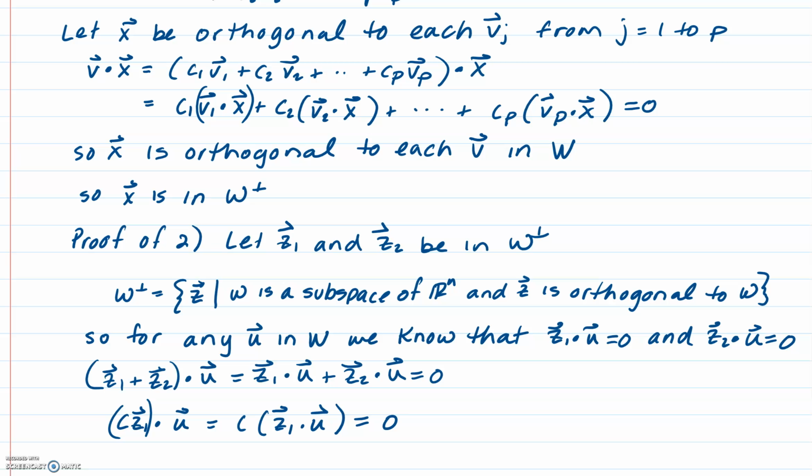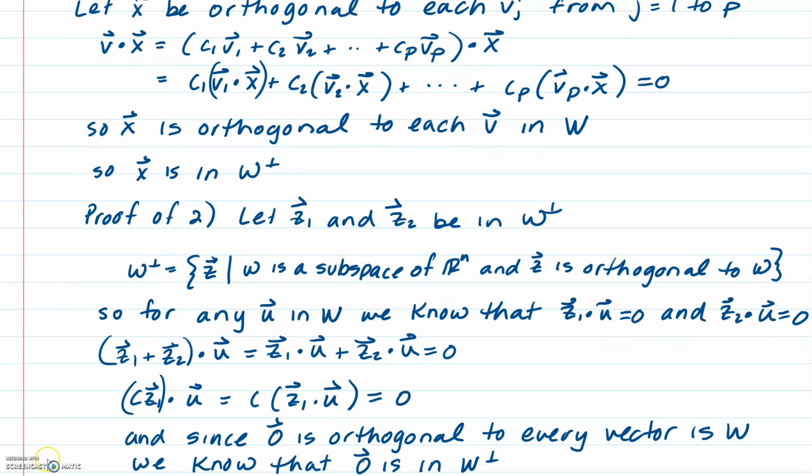And the 0 vector is in there, since 0 is orthogonal to every vector in W. We know that 0 is in W perpendicular, and that does it. We know that W perpendicular is a subspace.